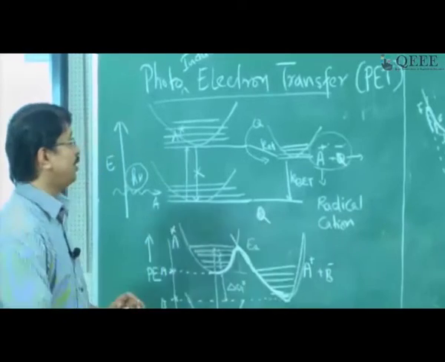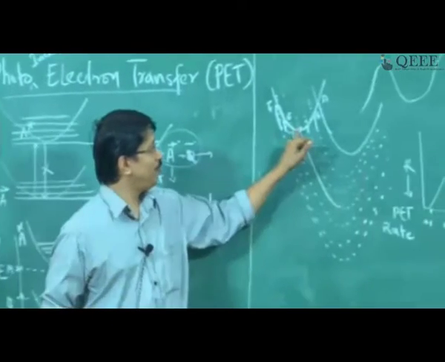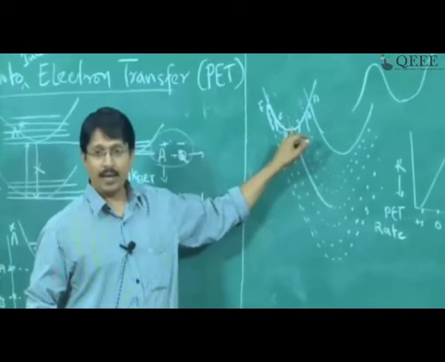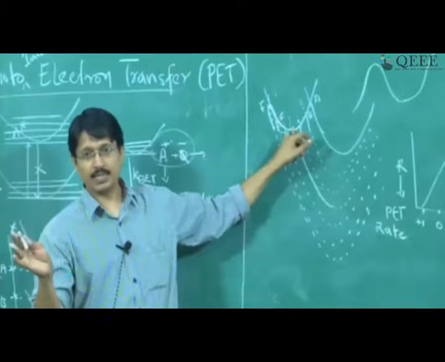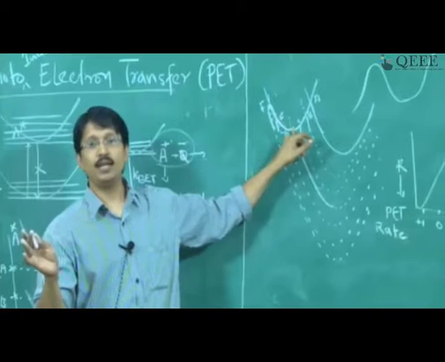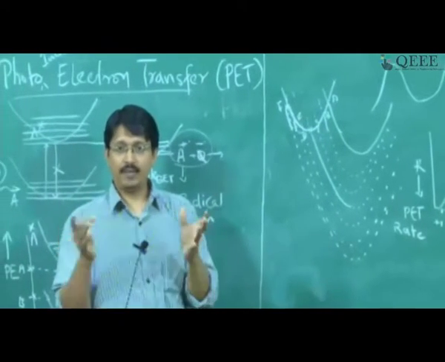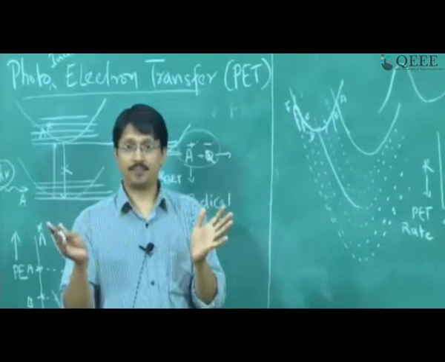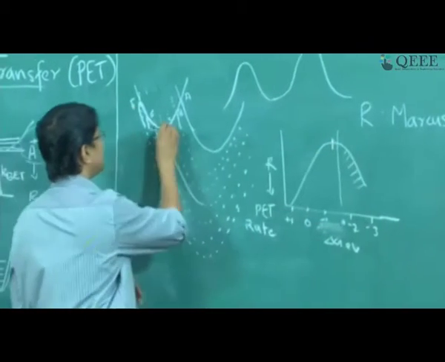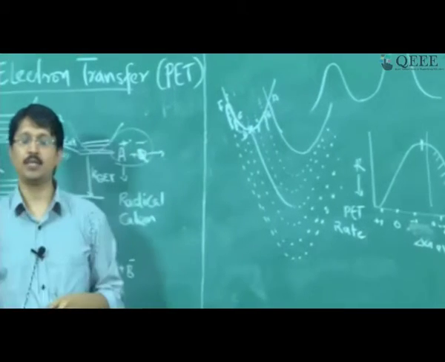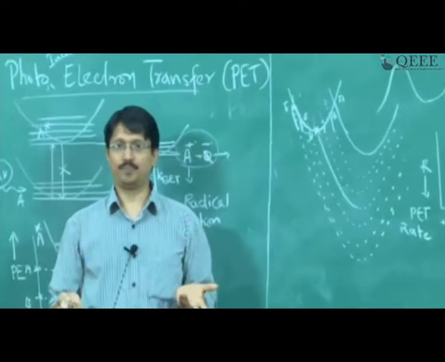So if you want to design a fluorescence based sensor which works on a quenching mechanism, quenching will be very high when the electron transfer rate is very high. That means at the top of this curve, which happens here when the activation barrier is 0.